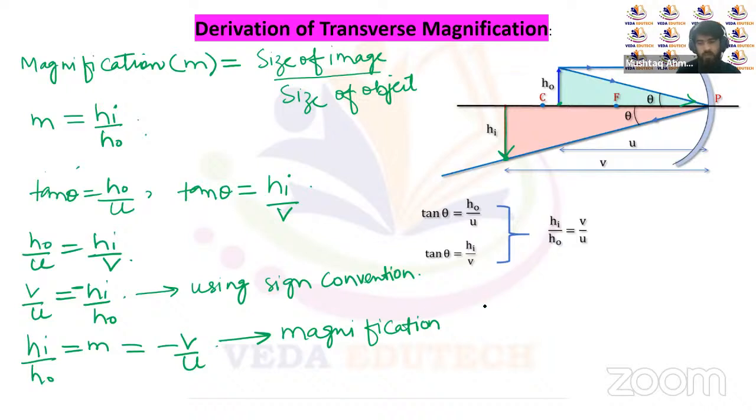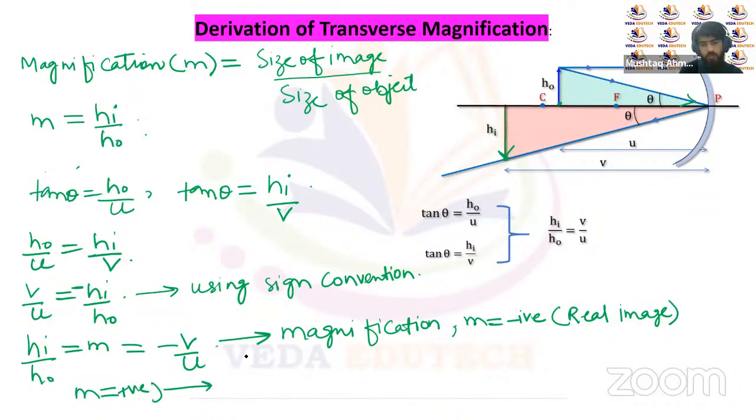That means if the magnification comes out to be negative, we can say the image formed will be real. And if magnification is positive, then the image formed will be virtual.